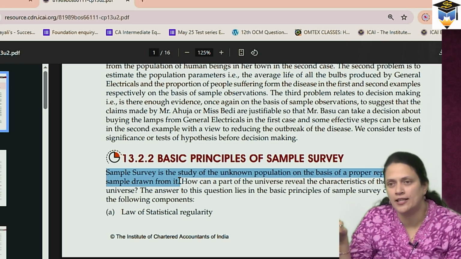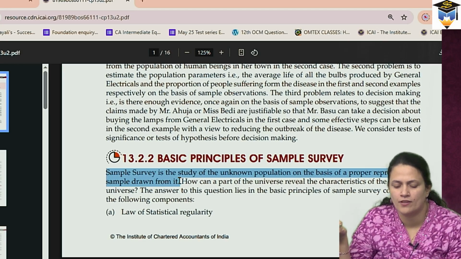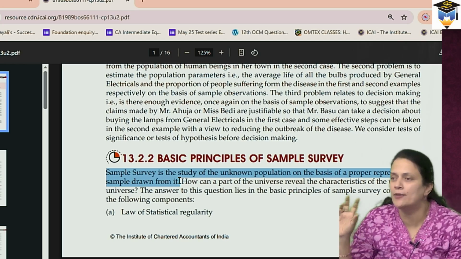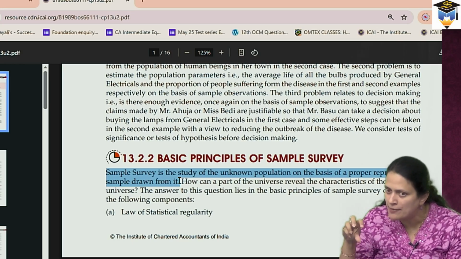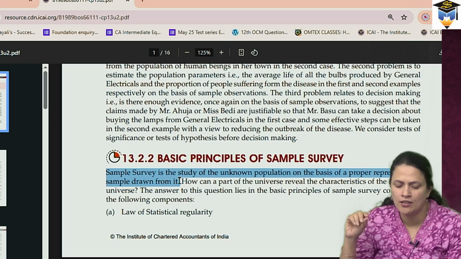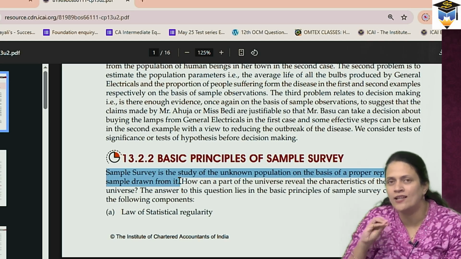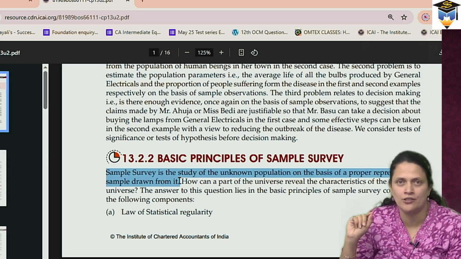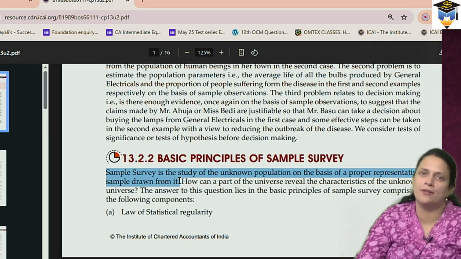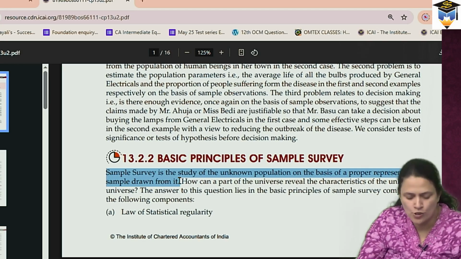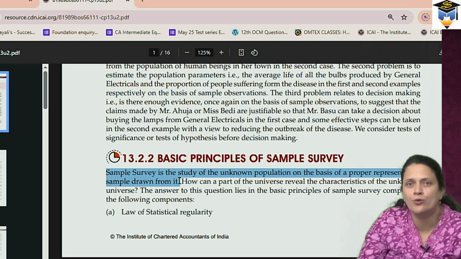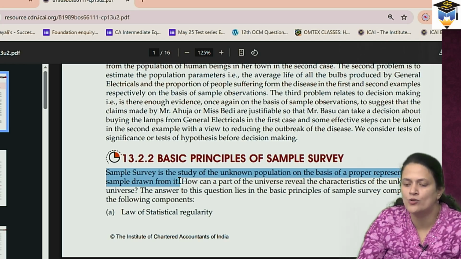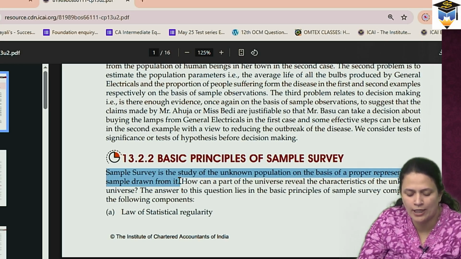Second, feasibility. It is impractical to study the entire population. So when you take a small sample, it is feasible to study that sample. It is practically impossible to study the entire population. Third part, accuracy. A well-chosen sample can provide accurate results, if it is done properly.